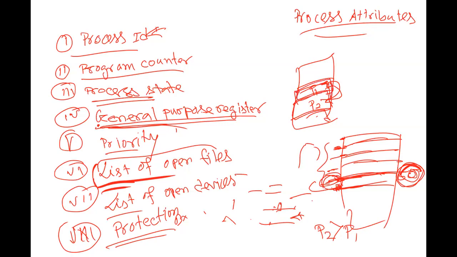From this control block, P1 cannot directly access the data from P2, and P2 cannot directly access the data from P1. So this is an example of the protection attributes of a process. Okay, these are all the process attributes.